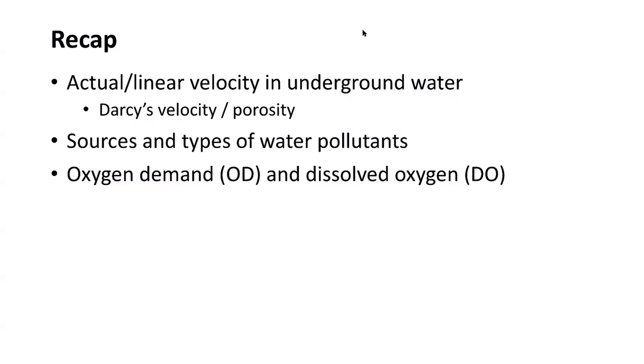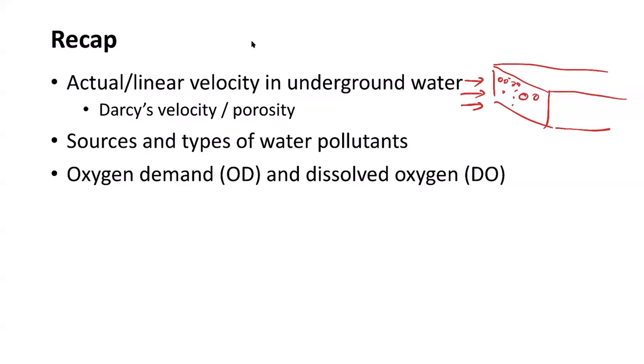So we mentioned that for the porosity, we need to divide the Darcy velocity by the porosity to get the actual linear velocity, right? For example, this is the soil, and the water is going this way. The soil is composed of sands or rocks here.